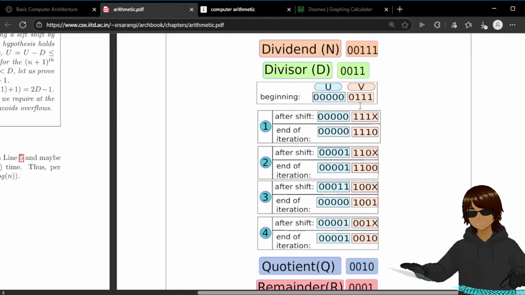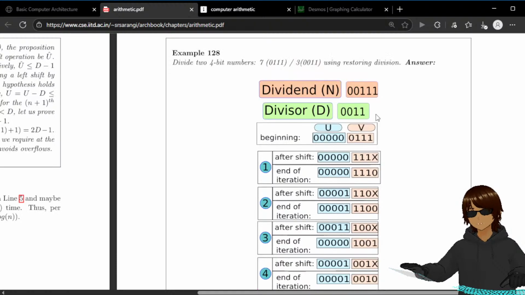Now this part is shifted left and we end up with 1 over here and 110 unknown over here. The divisor is 3, right? 0011. Since this is less than 3, we don't do anything to u. And we set the last bit to 0.